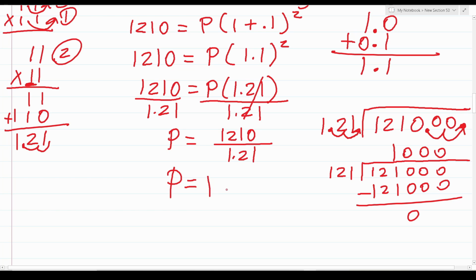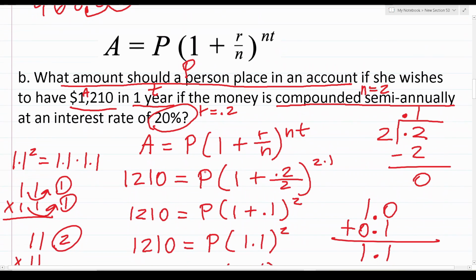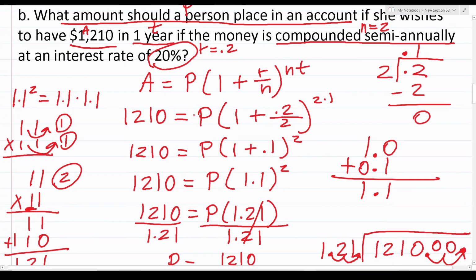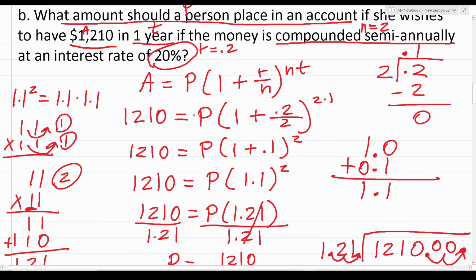So we can see our principal in this case is $1,000. In other words, if you want to have $1,210 in this account after a year, and the money's compounded semi-annually at an interest rate of 20%, you would have to invest $1,000. Okay, so that's that one.